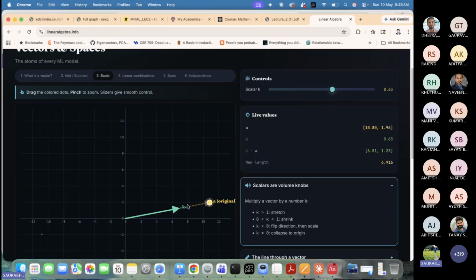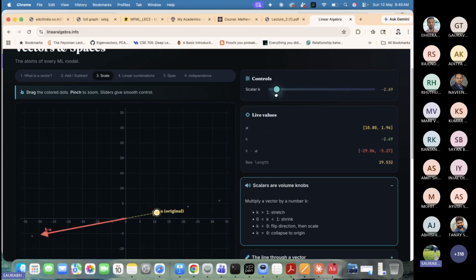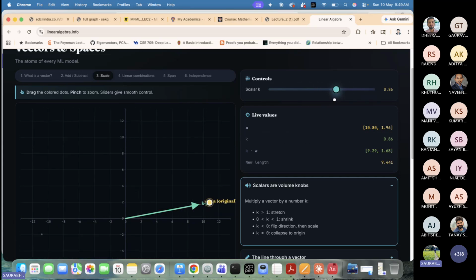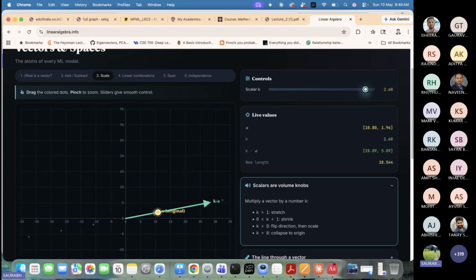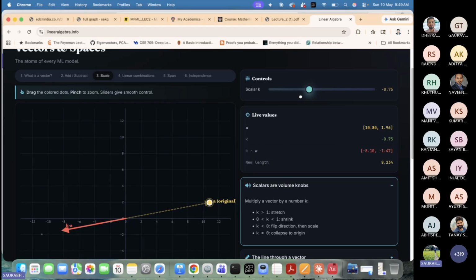Whenever I am scaling it with a positive or negative number, even with a decimal or integer, whatever I'm doing, I am not going beyond that axis of the vector. Scaling has that property that it cannot displace a vector's axis. By scaling you will not be able to just move this vector to a new point here. You will have to have it on its own axis.